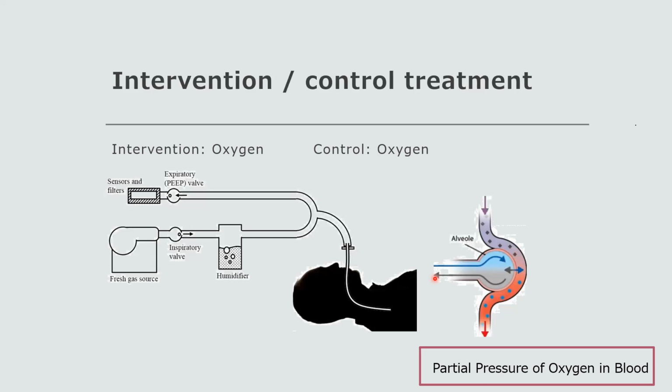People who are working with COPD patients know this, but I don't want to go into detail. I think this basic concept is fine here, telling that you can vary this partial pressure of the oxygen by the fraction inspired and also by the PEEP.